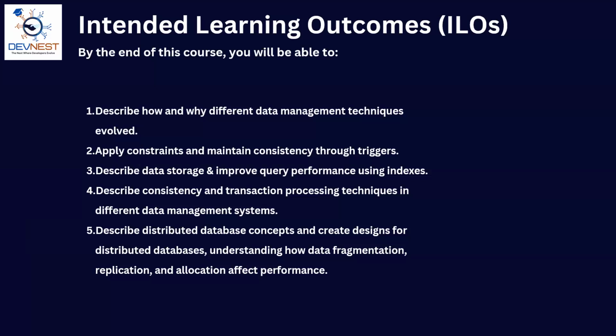The second one is database constraints and triggers, which are the rules that keep data reliable and consistent. The third one is database indexing and tuning, that is, describe data storage and improve query performance using indexes.